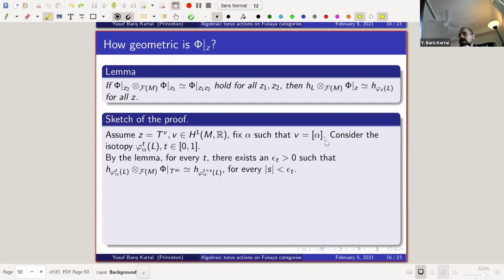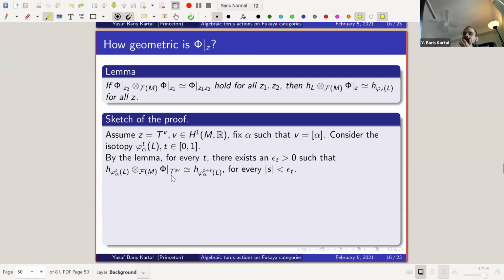Okay. So by the lemma that I stated before, the lemma that uses Fukaya's trick, for every Lagrangian appearing in this isotopy, you can pick a number, epsilon t, so that this relation is satisfied.